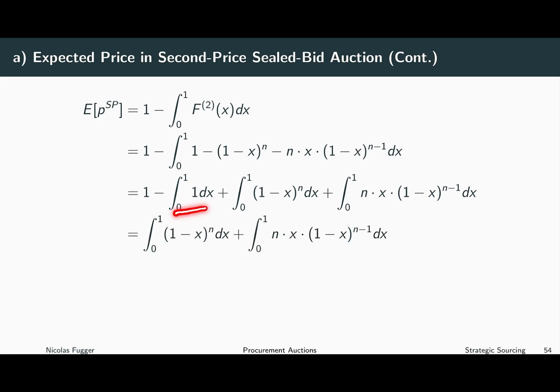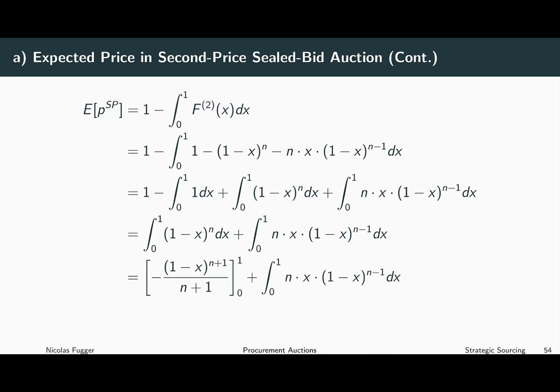The integral from 0 to 1 of 1 is nothing different than 1. So this integral and this one cancel out. And so what remains are these two expressions.